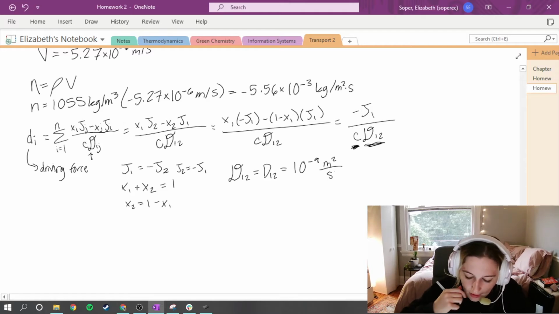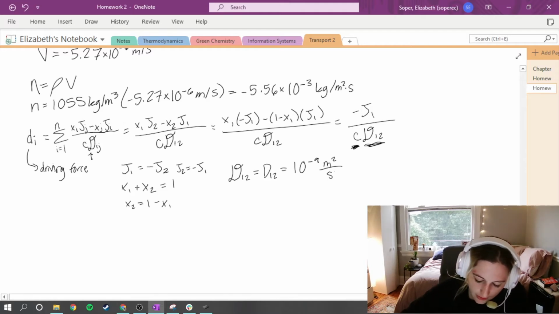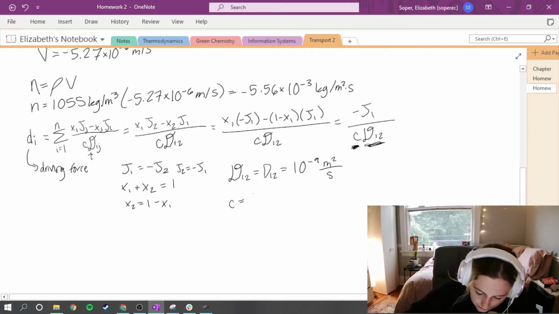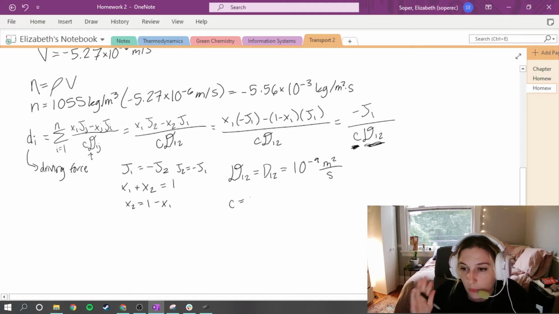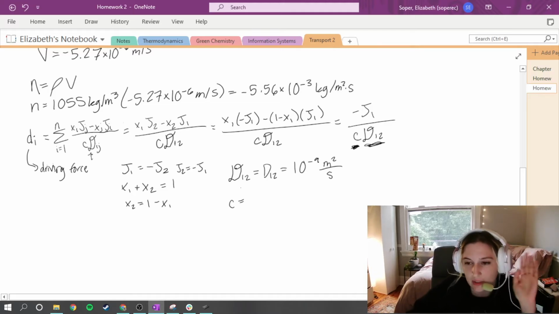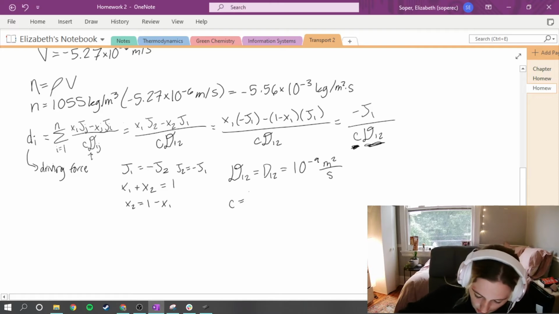And then for the molar concentration, we need to do moles over volume because that's how you get molar concentration. So let's find the moles of each of the components, which we know is going to be the mass times 1 over the molecular weight. So basically the mass divided by the molecular weight gets you the moles.